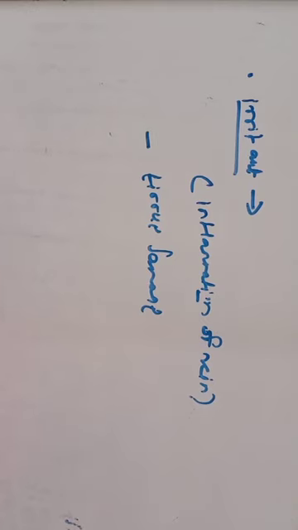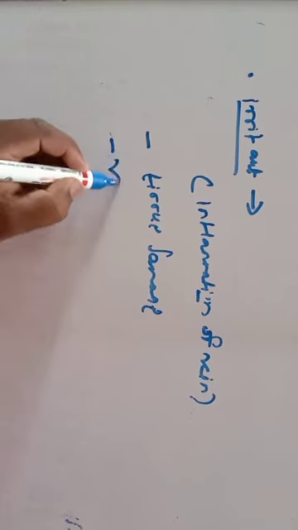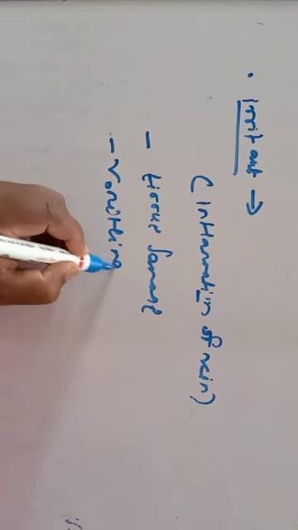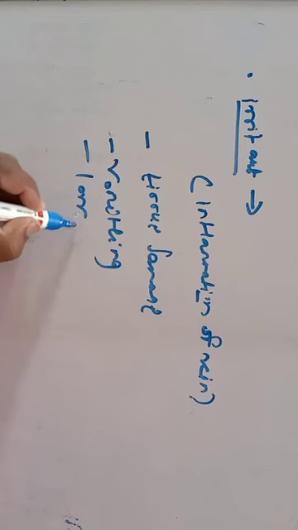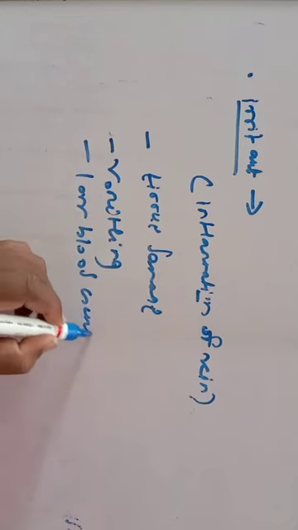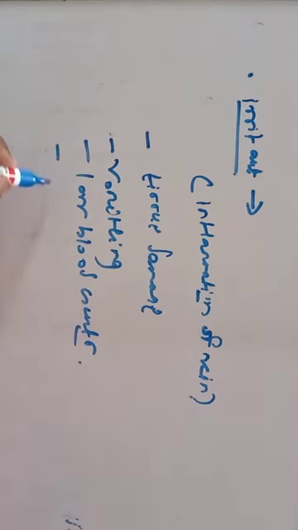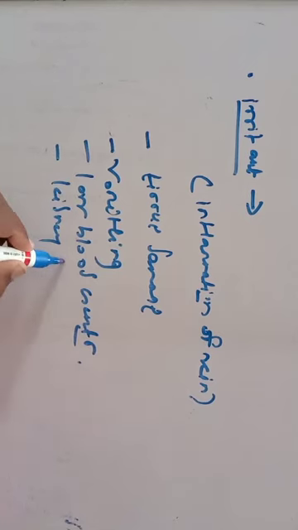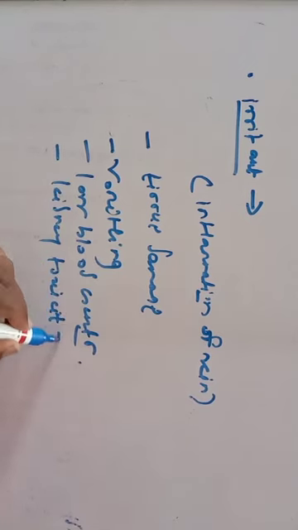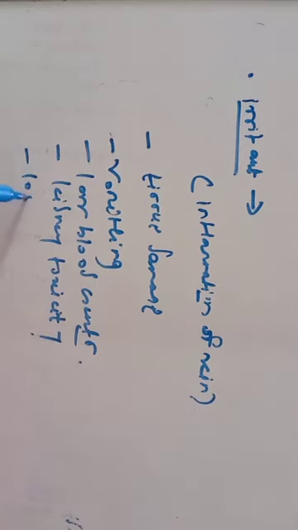Another side effect is that in the initial stage after administration of cisplatin, there is vomiting. So you should remember vomiting. Then low blood counts, kidney toxicity or kidney failure, then loss of appetite, and loss of hair.